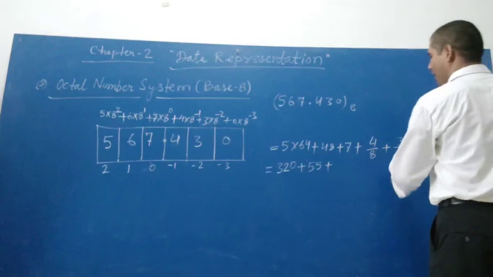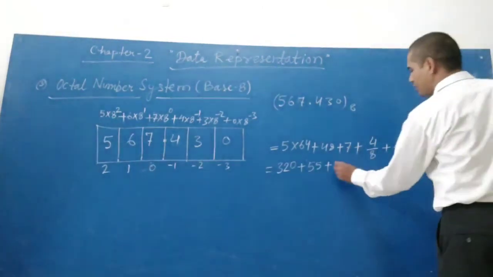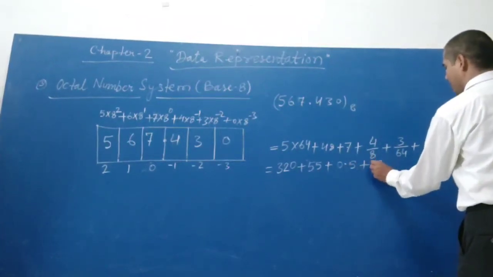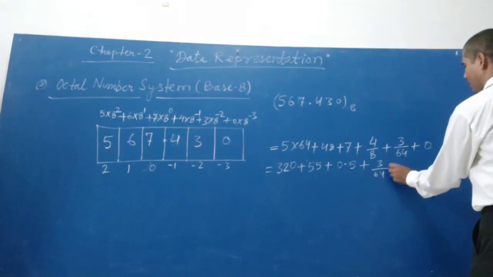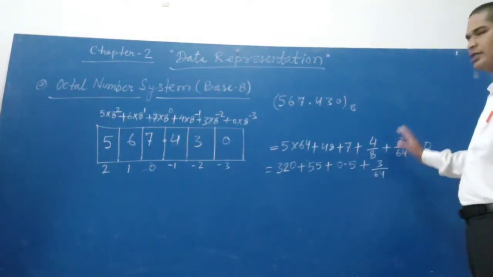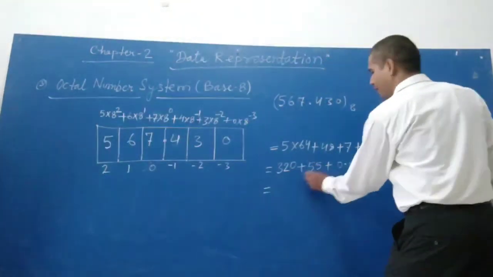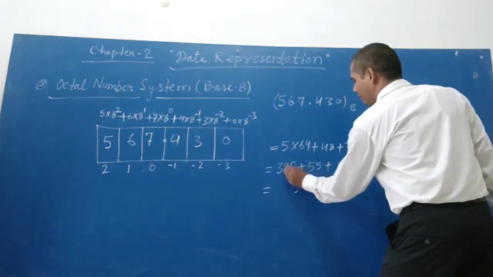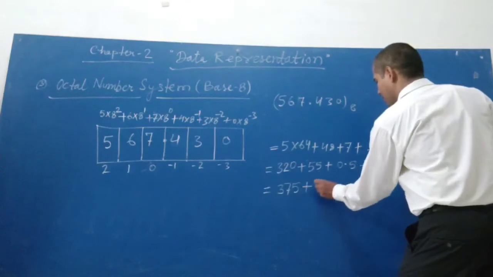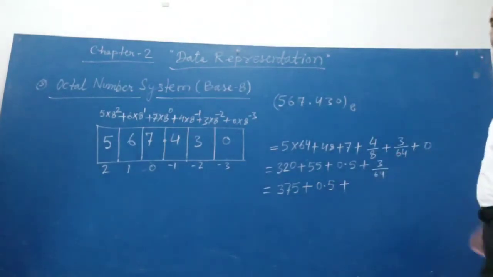Plus 4/8, which means 1/2, which is 0.5, plus 3/64, and this is 0. You will calculate this. Adding the whole part, 5 plus 2 is 7, and this is 3, plus 0.5, plus 3/64.